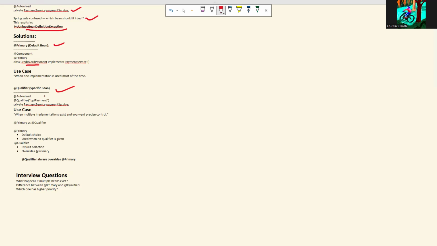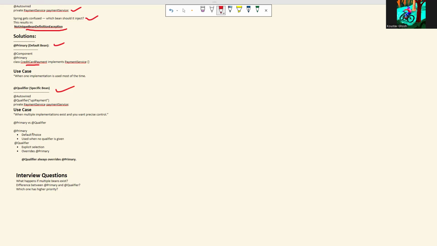To solve that, there is another annotation, the qualifier annotation, through which we can specify which implementation is specifically required, that is, which bean needs to be injected. For that case, the qualifier annotation comes into the picture.